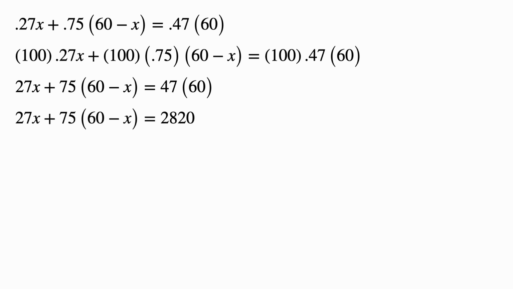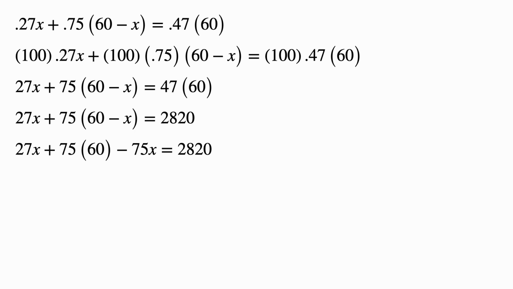On the right side of the equation, when we do 47 times 60, we'll get 2,820. And then next, on the left side of the equation, we can use the distributive property for 75 times 60 minus x in parentheses to be 75 times 60 and 75x.